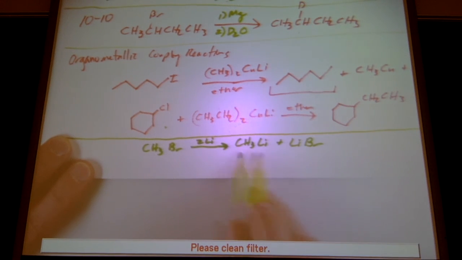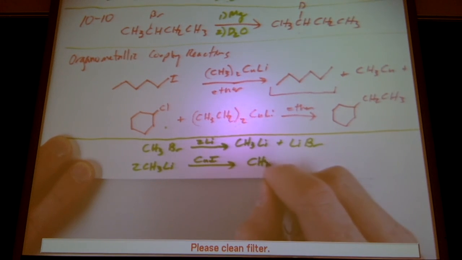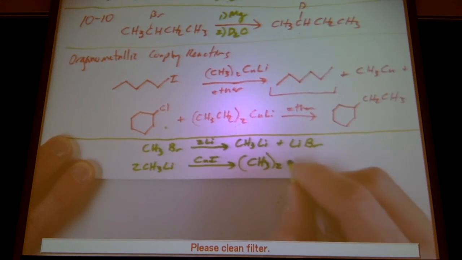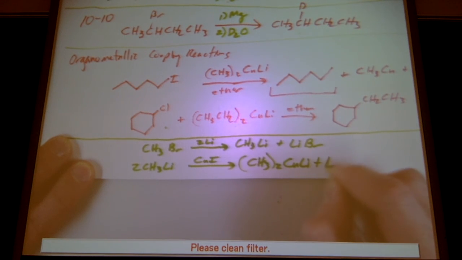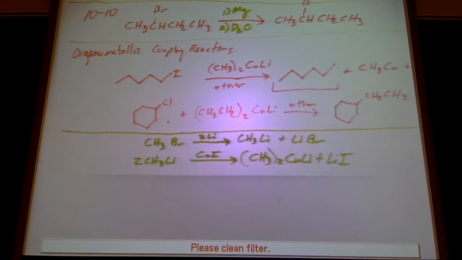You take that compound, 2 molar equivalents of it, and react it with copper iodide, and you make your Gilman reagent, which can then react with different alkyl halides.